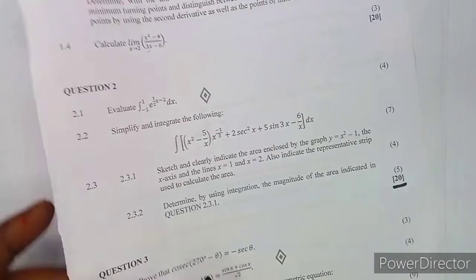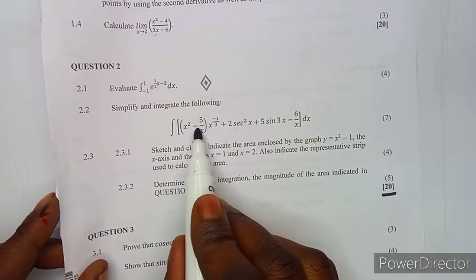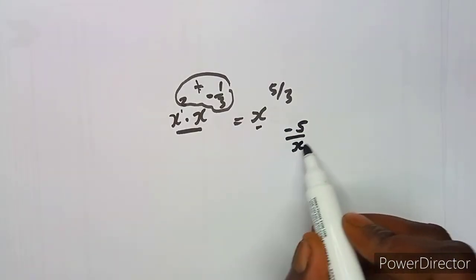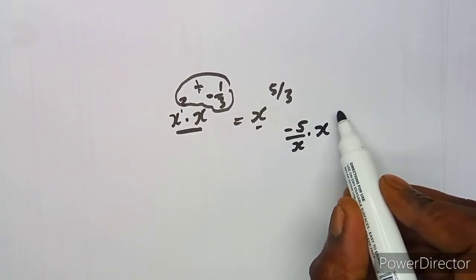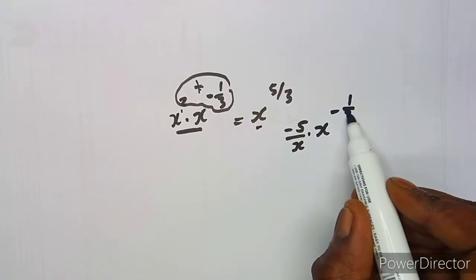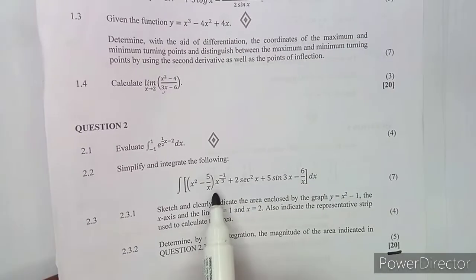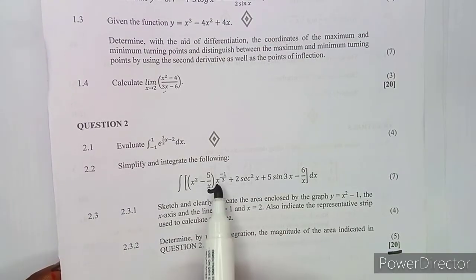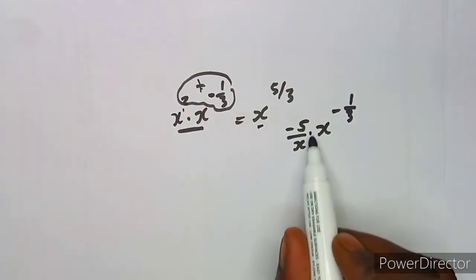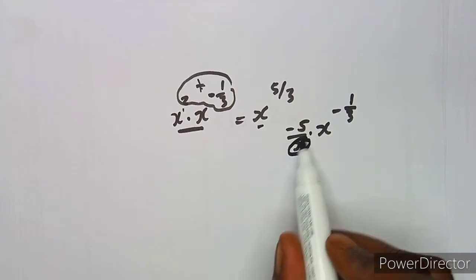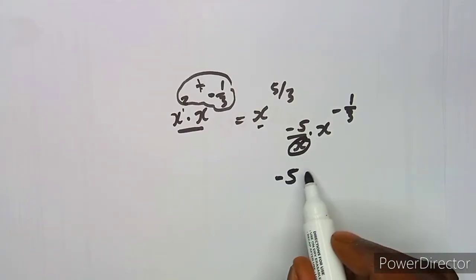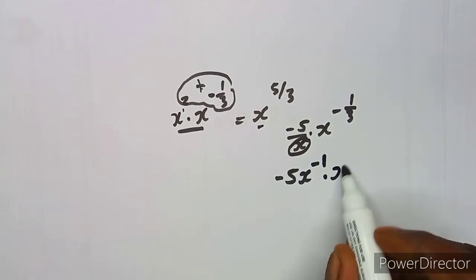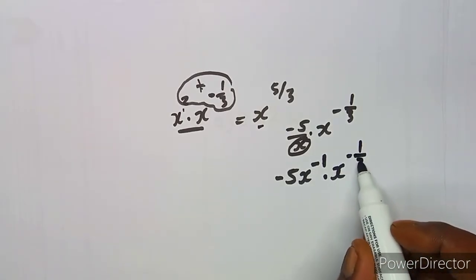Okay, let's move on here because the bracket is going to multiply this. So it's minus 5 over x by x to the exponent of minus 3. This one, because it's outside of the bracket, multiplies every term. So as you can see, we have to rewrite this over x, from your laws of exponents, as minus 5x to the exponent of negative 1 by x to the exponent of minus a third.